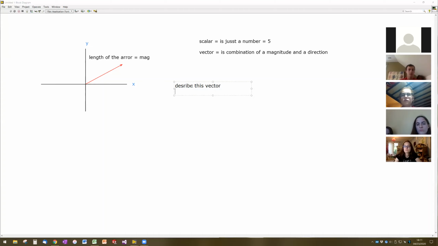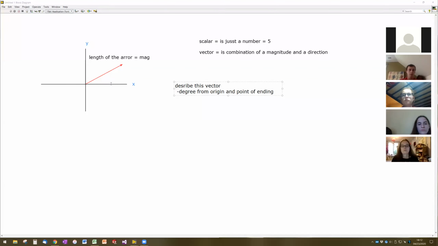Degree from origin and point of ending. Okay. So let's see. So one option is degree from origin and point of ending. So that's an option.